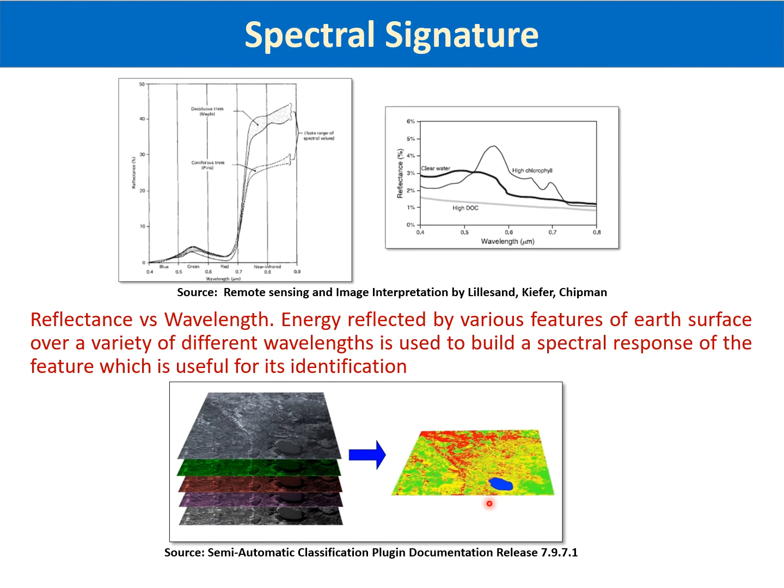The other category is unsupervised image classification, where you don't provide any prior ground truth data. You mention the number of clusters that you want, and the software automatically groups the pixels into clusters based on their spectral similarity, that is, how similar their spectral reflectance curves are, using statistical methods.